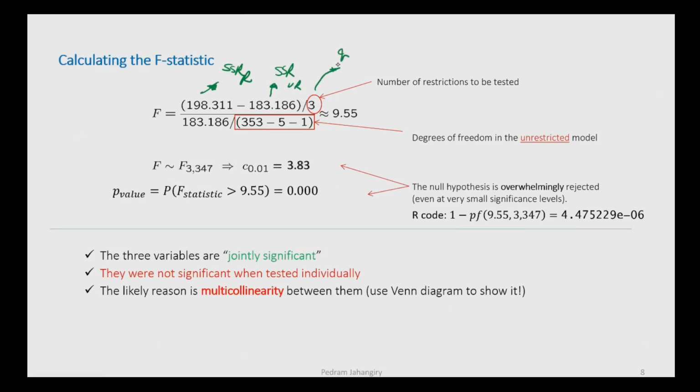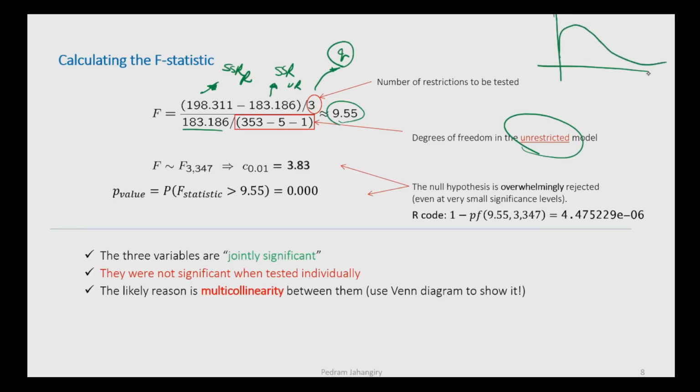This is my q, the number of restrictions: beta 3, beta 4, beta 5 equal to 0, so 3 restrictions. Divided by the SSR of the unrestricted model, and this whole thing divided by the degrees of freedom, 353 minus 5 minus 1, the degrees of freedom for the unrestricted model. We can calculate this number, which is 9.55, and as you can guess, this is a large number.